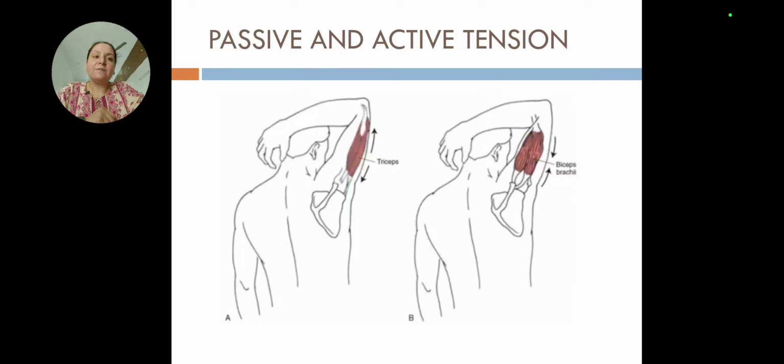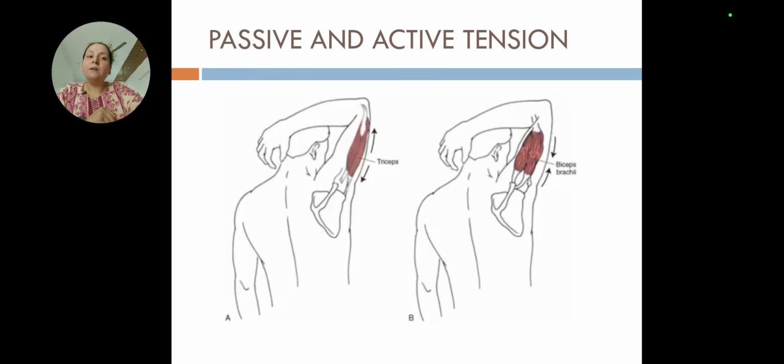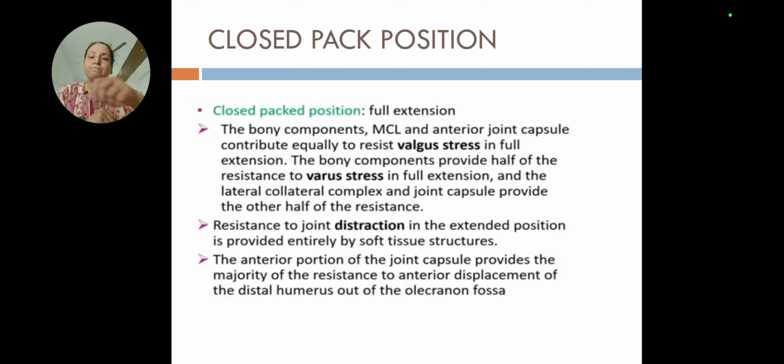You can see the triceps is getting stretched over here in this motion, and the antagonist biceps is getting contracted. So there is an active and passive tension happening, which is also responsible for the factors which affect the elbow range of motion.